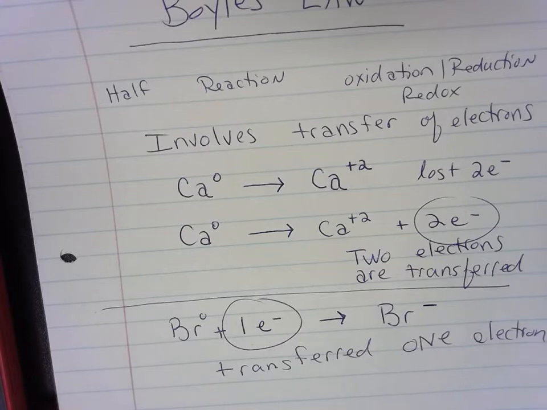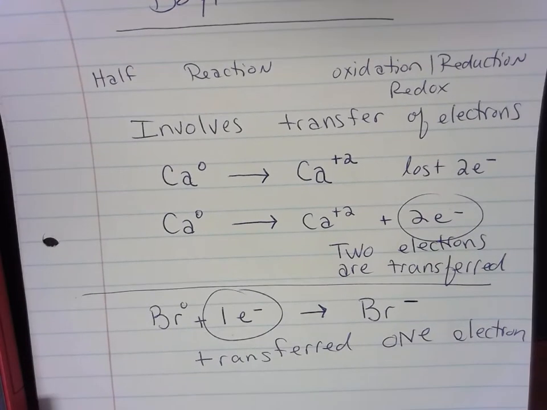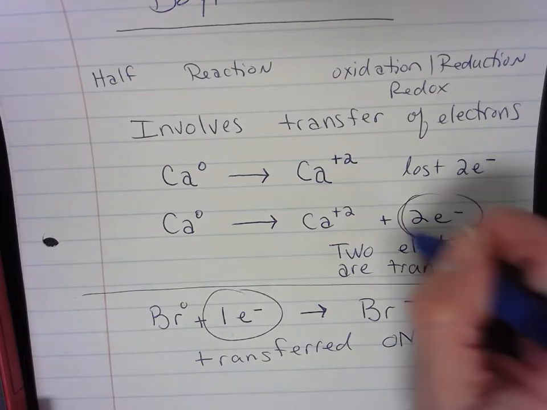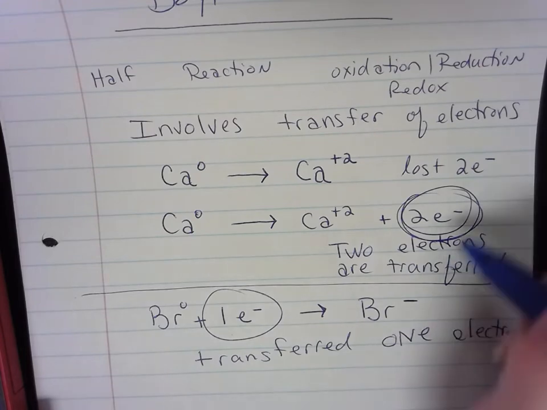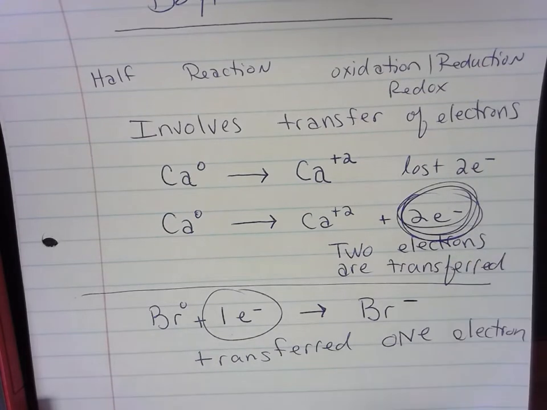Okay? So if you see something on here that says, in this half reaction, how many electrons are transferred, you find the number of electrons, that's how many electrons are transferred. In this case, 2 were transferred. In this case, 1 was transferred.